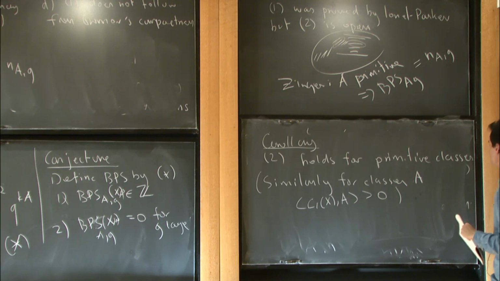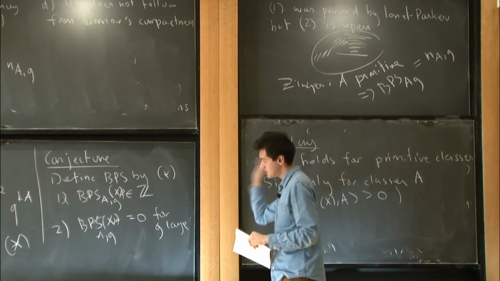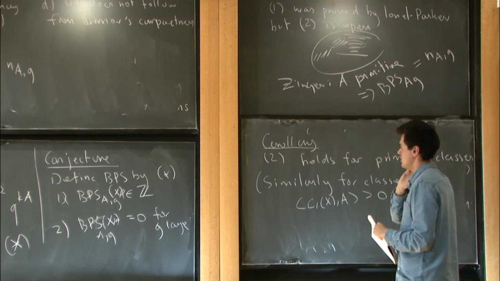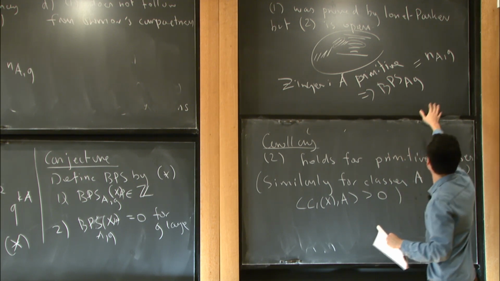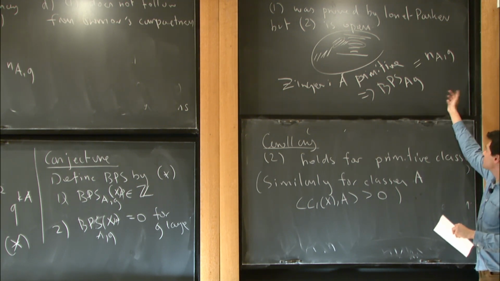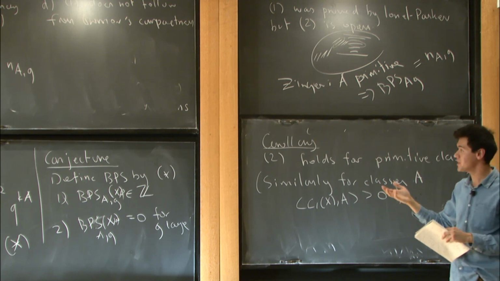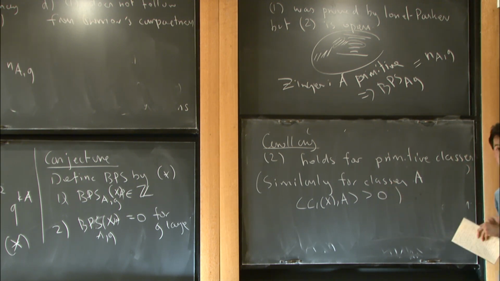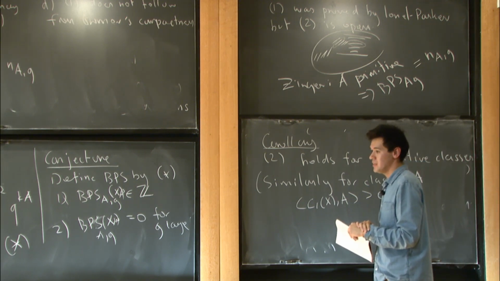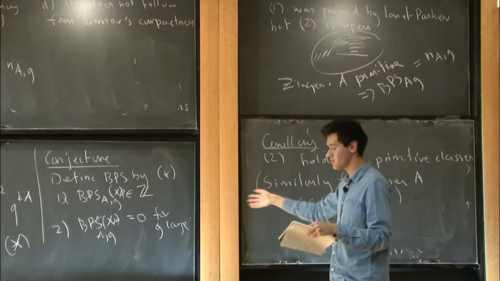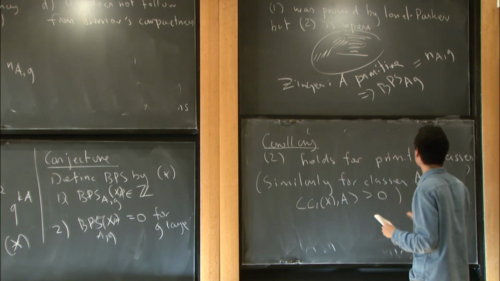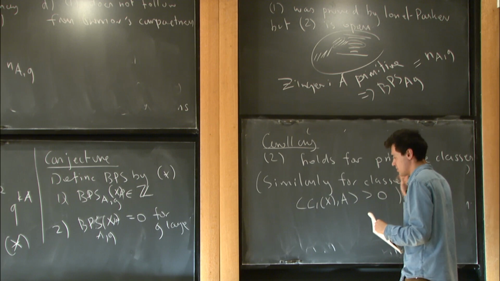So of course, the next step would be to try to prove 2 for an arbitrary class. And this is related to some sort of finding an analog of this for classes that are divisible by some numbers. So what this equality tells you is that you can actually define a BPS number by simply counting curves if the class A is primitive. But as I mentioned, if your class is not primitive, you wouldn't expect that a naive count like that, even though according to the theorem you can actually write it down, would be an invariant. So towards the end of the talk, maybe I'll state some conjectures about this.